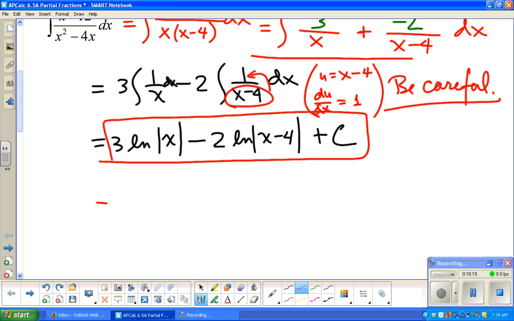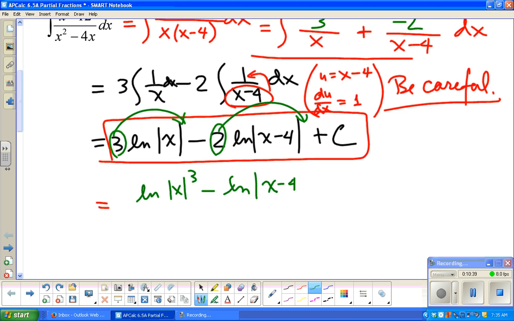Now I am going to rewrite this in a little fancier form just because you know how it works with multiple choice and stuff. Remember, properties of logs say you can take these numbers out in front and put them back in. So this is natural log of the absolute value of x cubed, and even more, when you're subtracting logs, you can actually change that to division because logs are exponents.